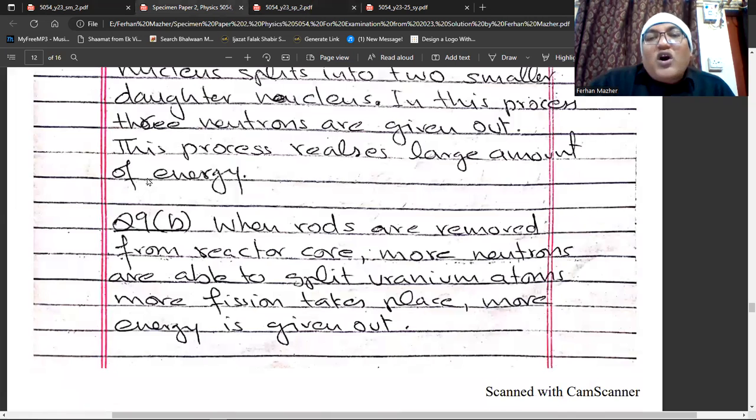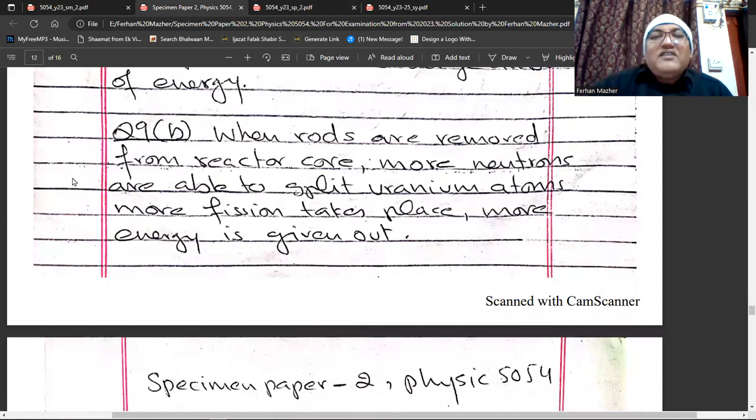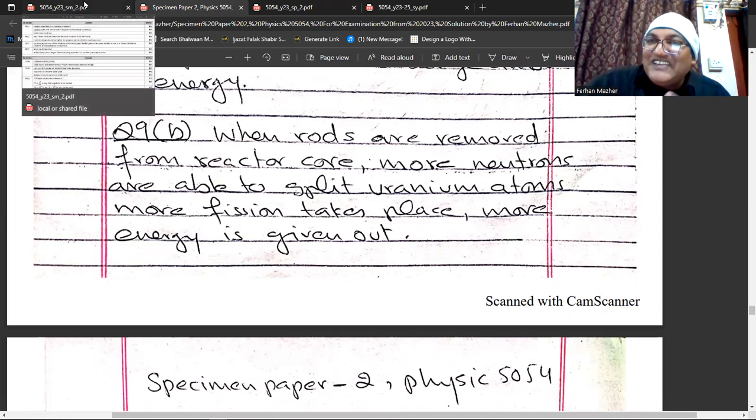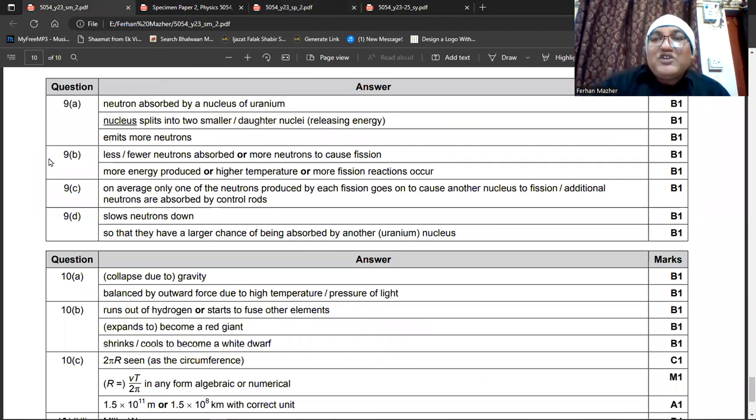So when the control rods are removed from the reactor core, more neutrons are able to split uranium atoms, more fission takes place, more energy is given out. The process will happen fast because you have exposed uranium to the neutrons. Okay, he says on average, where is that?